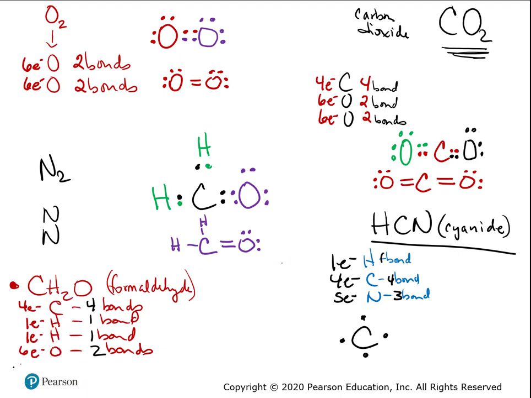And then what do I add next? Nitrogen, because it needs 3 bonds. Hydrogen only needs 1, so hydrogen gets added last. So nitrogen is next: 1, 2, 3, 4, and then the 5th one pairs. Now I have to add hydrogen. What's the rule? Which side do I add that hydrogen to?